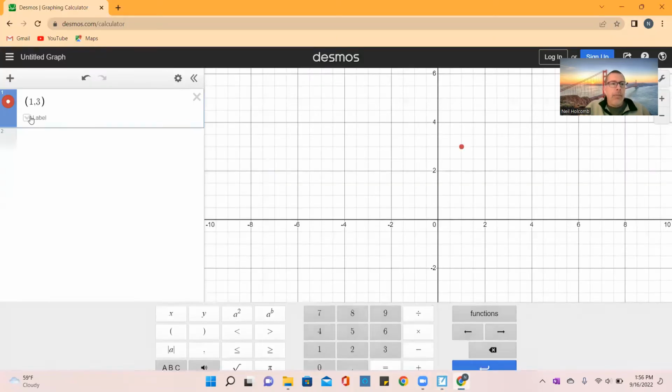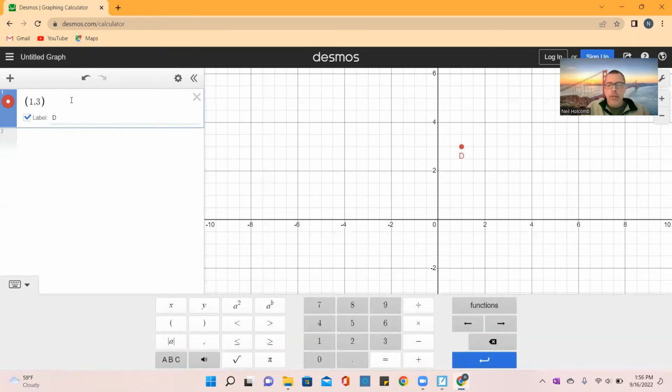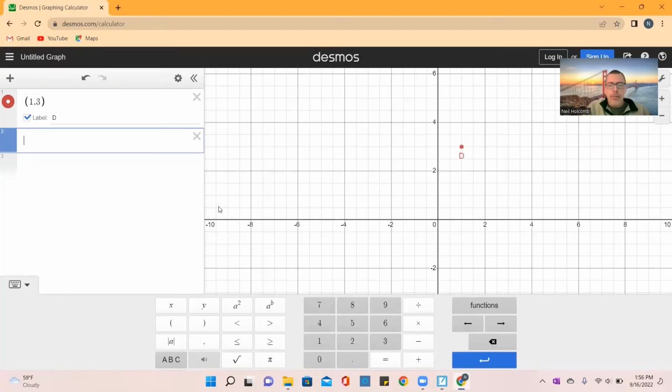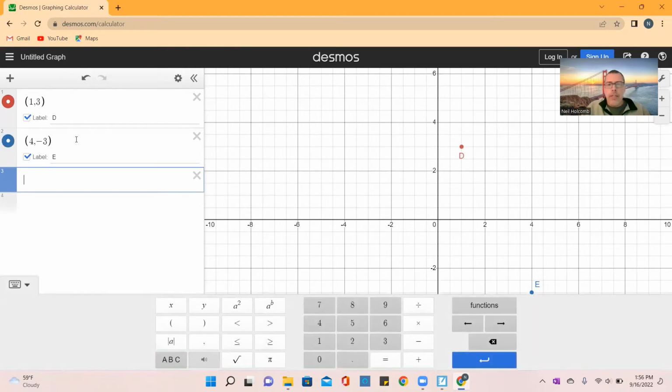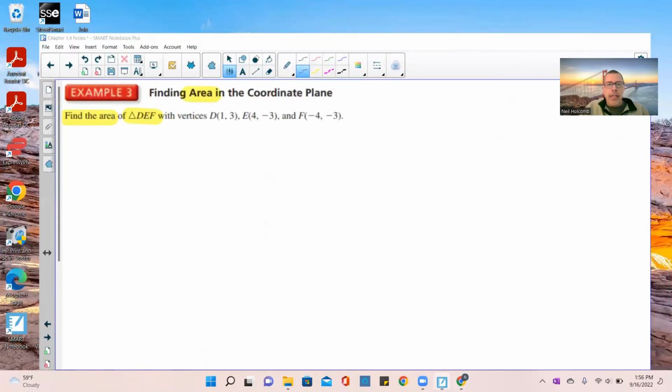D. So I'm going to label it D. Okay, so there's D. E is 4, -3. Boom, 4, comma, -3, close parentheses, label E. Enter. And F is -4, -3.